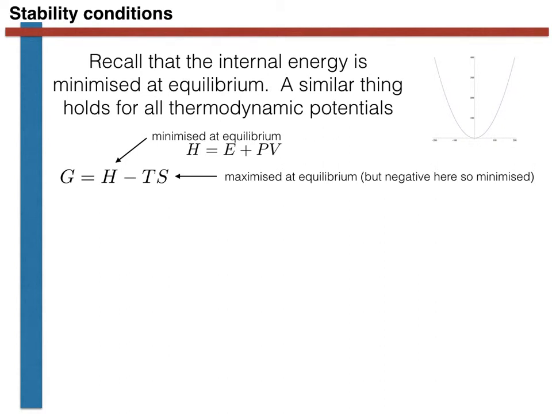In one of my previous videos, I demonstrated that the internal energy is minimized when the system is at equilibrium, and that the entropy is maximized. I mention this now because a similar result holds for all the thermodynamic potentials.